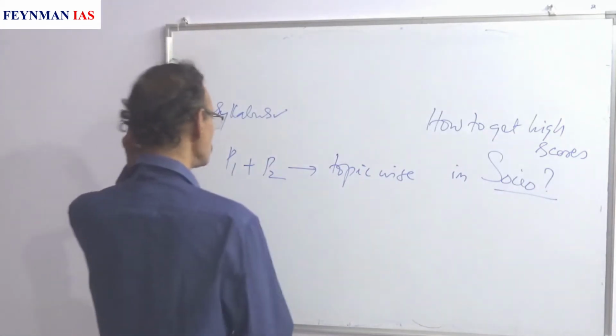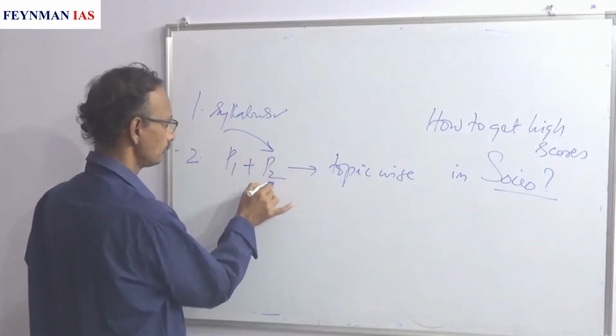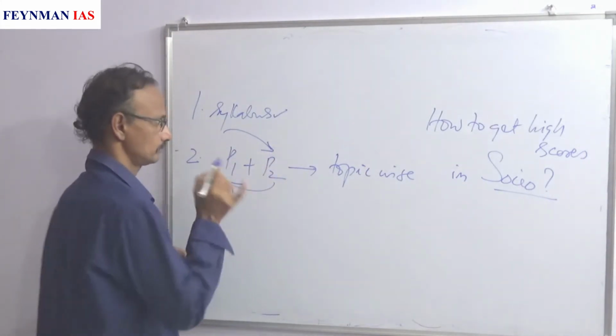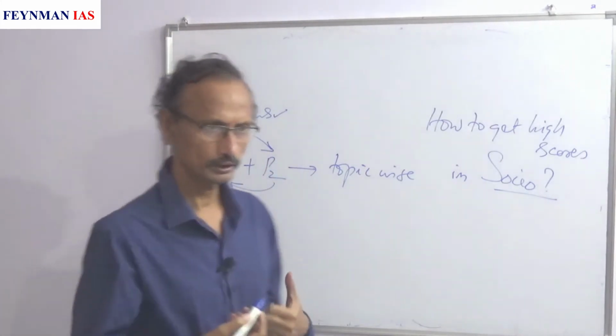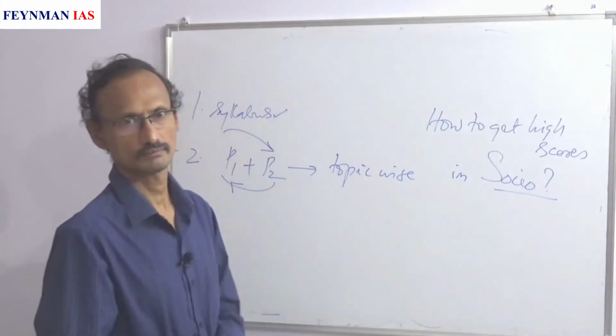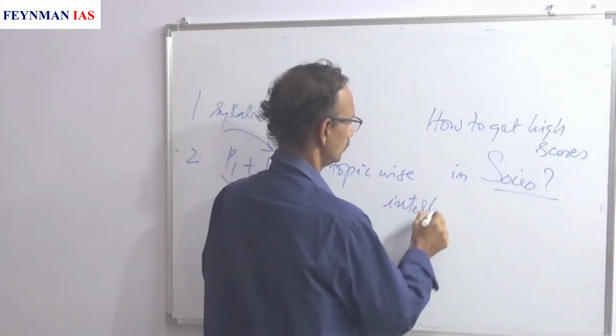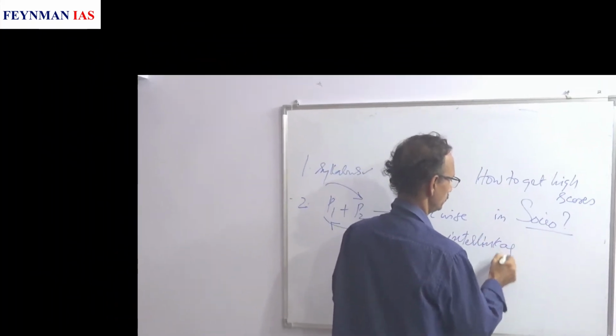So you can use the theory of paper 1 in paper 2 and example of paper 2 in paper 1. So that's why it is important to divide the syllabus topic wise. In this way, you will get proper interlinkages.